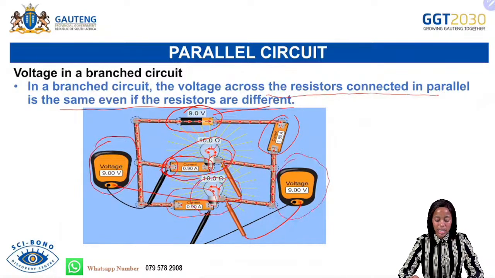So simply, in a parallel circuit, the voltage is the same. In a series circuit, the voltage is divided. And in a parallel circuit, the current is divided, but in a series circuit, the current is the same.